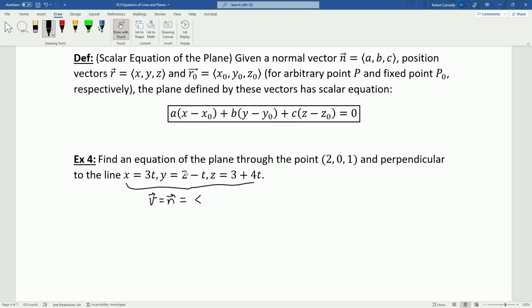So that's going to be your 3, -1, 4 here. And our position vector just corresponds to our point here, which is 2, 0, 1.